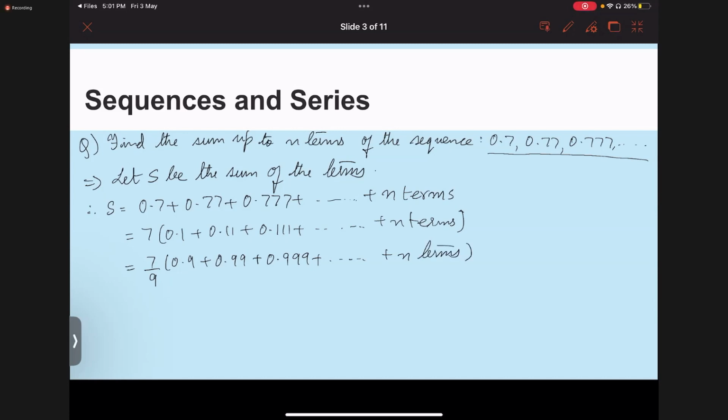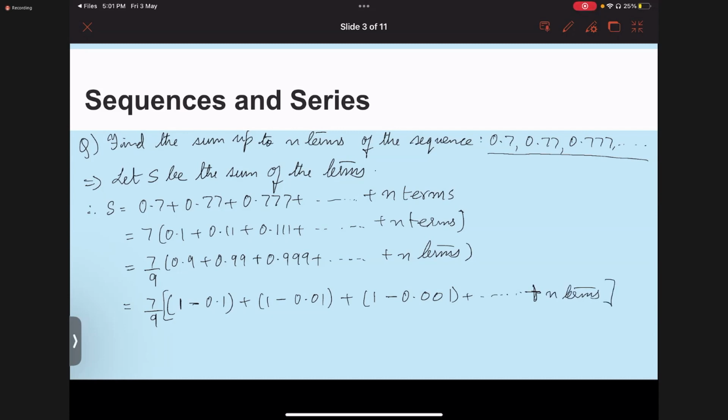Now these 0.9, 0.99, you can write them as 1 minus 0.1 plus 1 minus 0.01 plus 1 minus 0.001, similarly all the way up to your nth term.